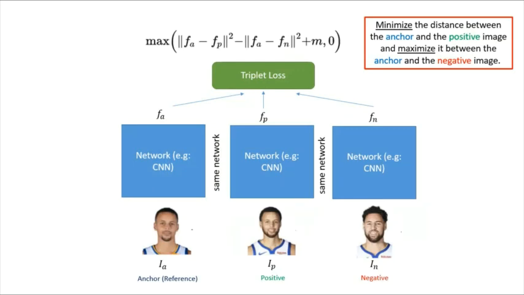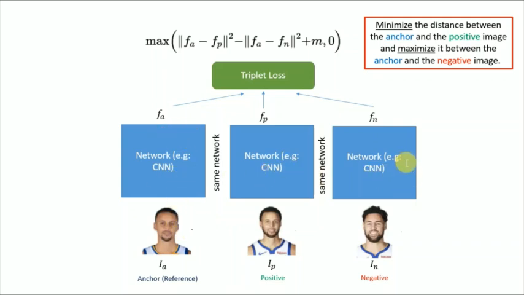So this is the architecture for the network when we're using the triplet loss. First of all, this is the equation for the loss. Again, you have 3 images per sample: IA, IP, and IN. First, you extract the features of each image using a CNN, and we're using a CNN because our inputs are images. So we have 3 networks.